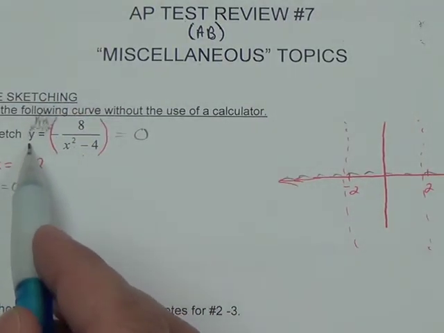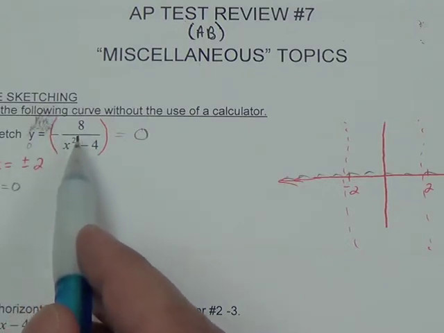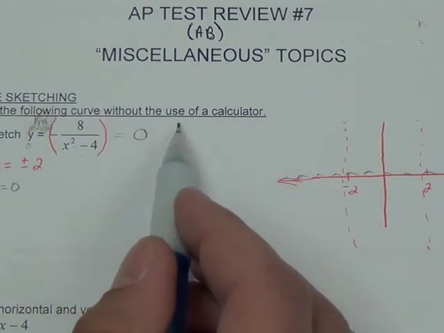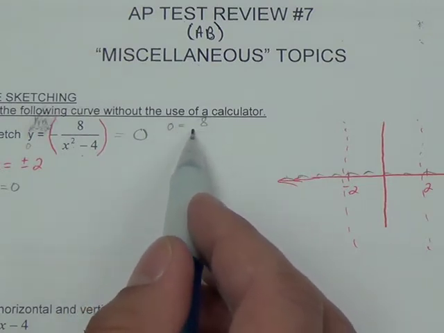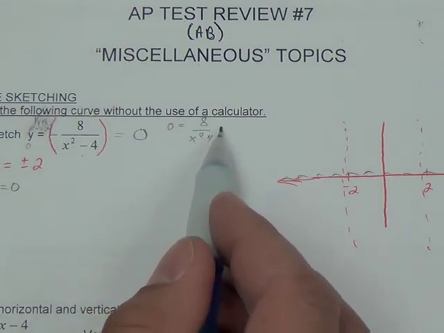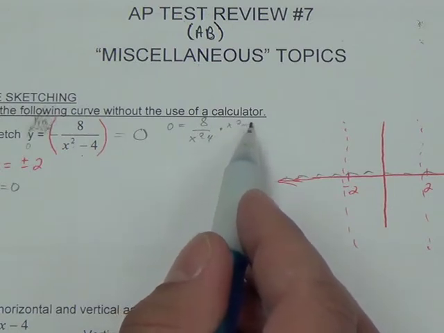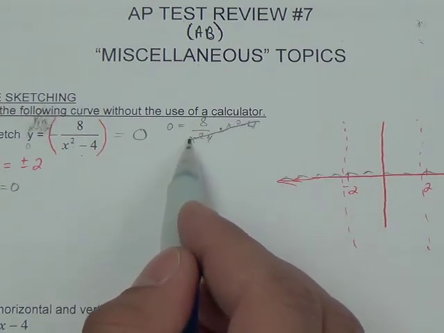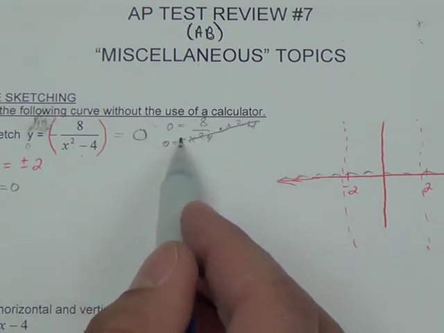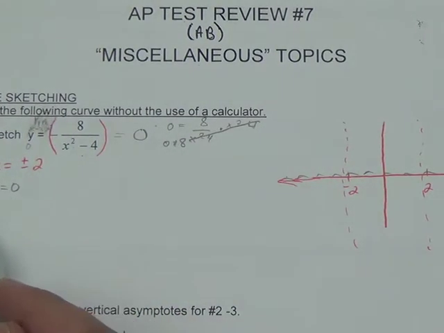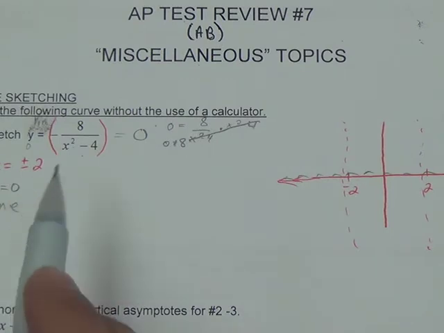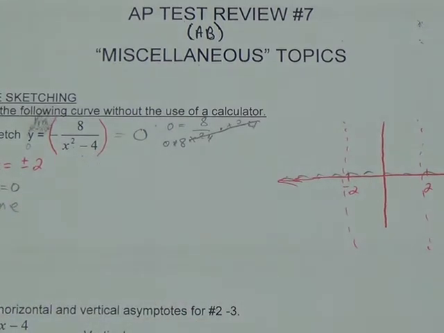Well, if I let y be 0 here and tried to solve this, I would end up with 0 equal to 8 over x squared minus 4. If I multiplied that over, it would cancel here, and when I multiply on the other side, I would just end up with the equation 0 equals 8. That's obviously not true. So what that means is there is no x-intercept. You would just say none.